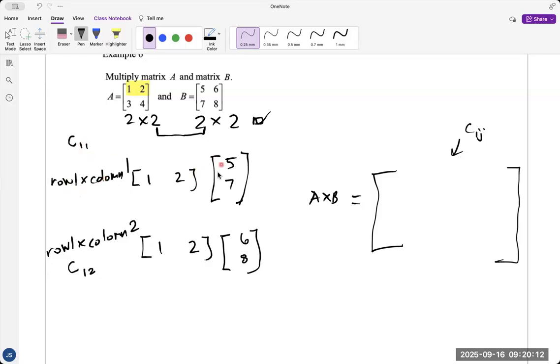Once I get done multiplying, I'm going to add all of the little numbers together.